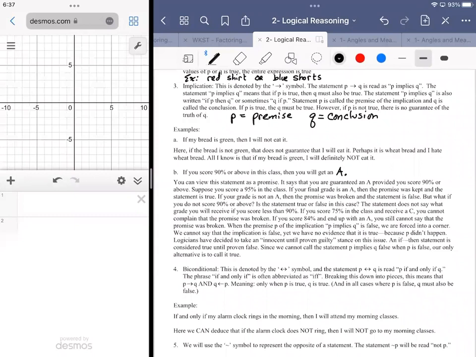I mean, that's what the standard is. But what if I don't score 90 or above? What if I get an 88, but my teacher is really nice? I could still get an A. So I didn't satisfy the premise, but the conclusion is still in play. It's still a possibility that I can get an A. The only way that this becomes a violation is if you get 90 or above in the class and I don't give you an A.